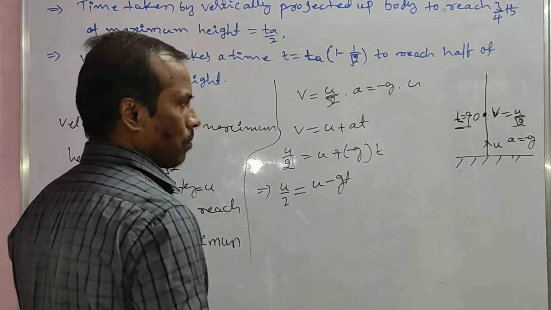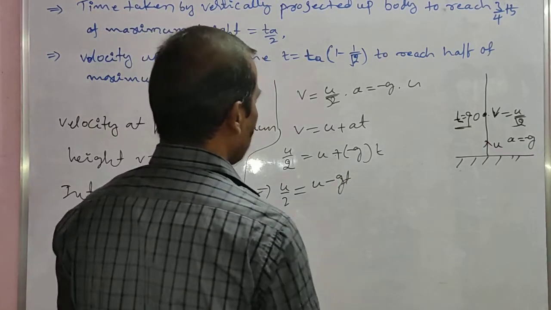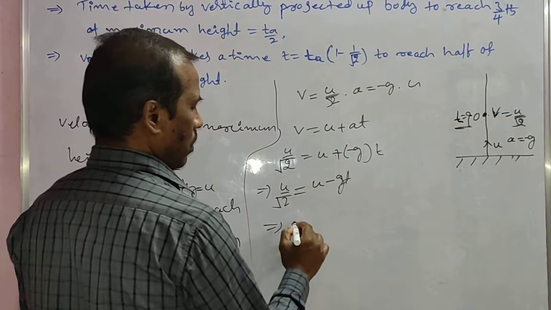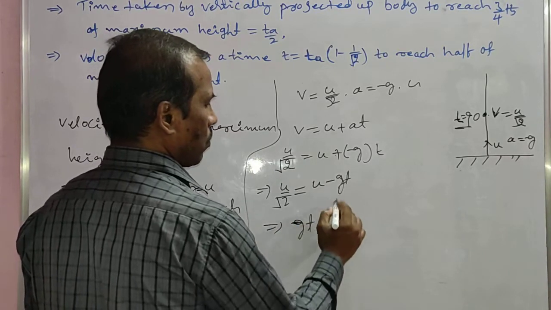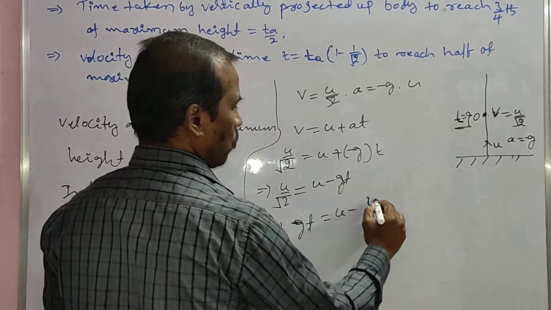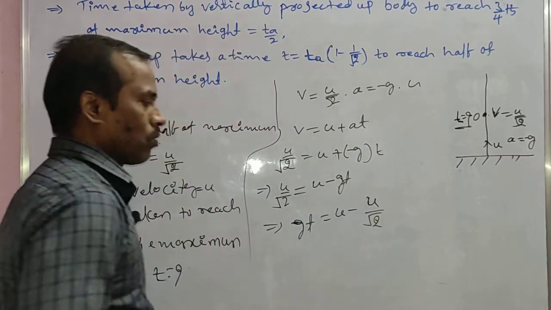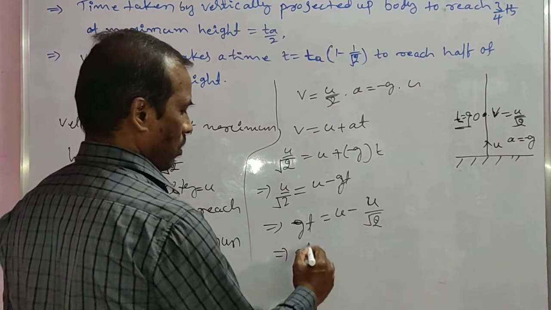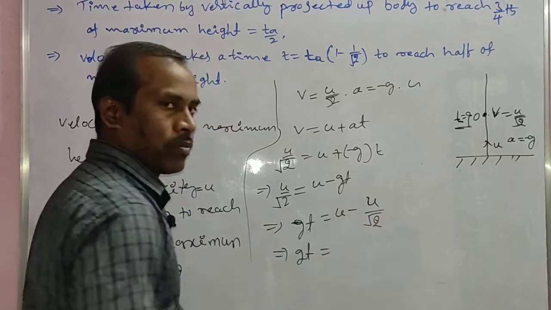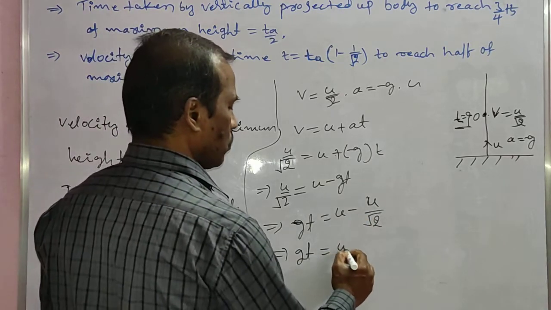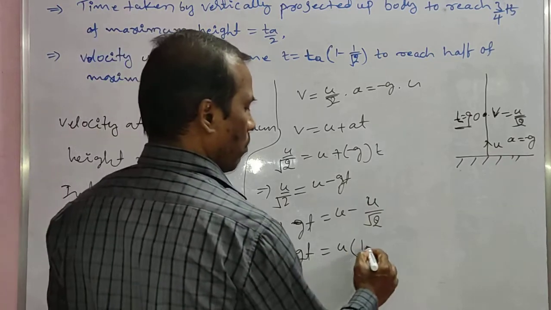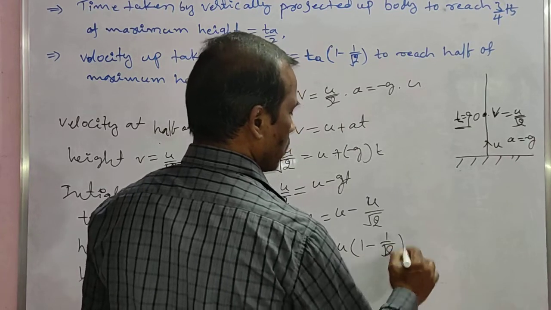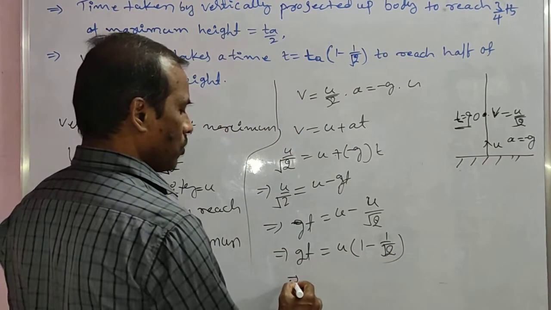Simplifying, gt is equal to u minus u by root 2. Taking u as a common term, gt is equal to u into 1 minus 1 by root 2.